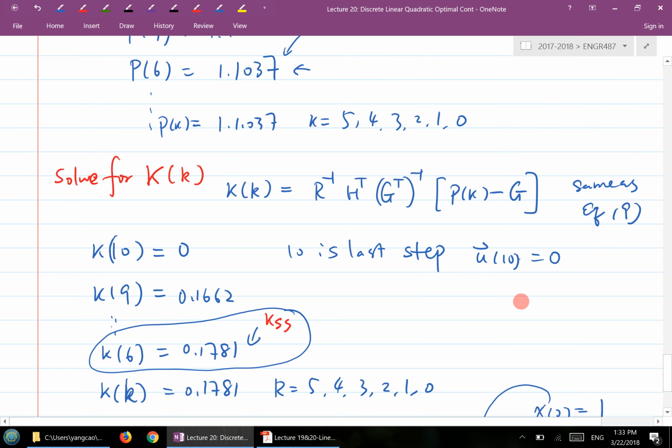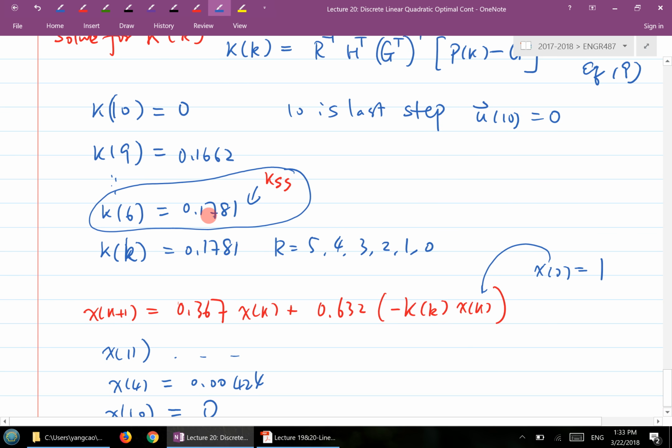We can basically choose our steady state, which is what I'm going to cover next. So your k essentially is like this. It starts from here and then starts from 0, and then settles down. This is 10 and this is 0, and this is your k based on this. Make sense? Yeah. Okay.